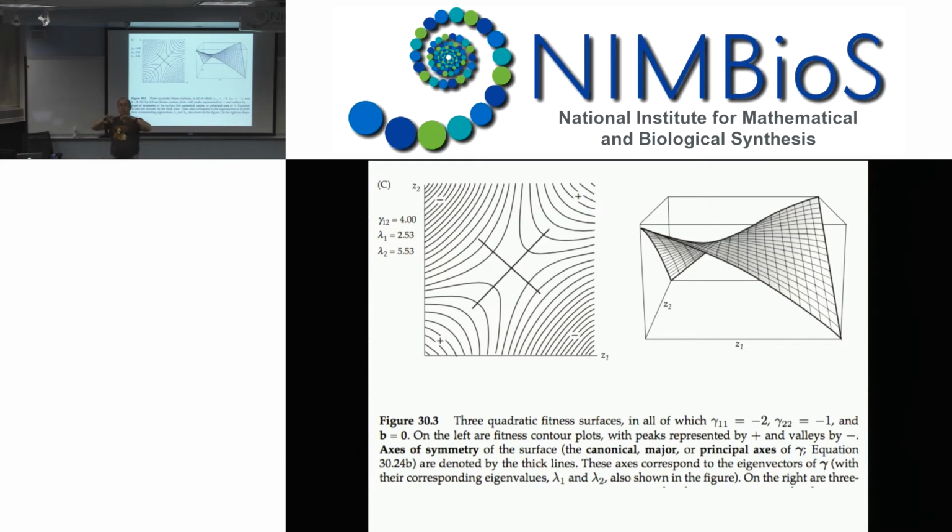The eigenvalues tell you the general curvature pattern, and then how that curvature pattern is rotated with respect to your characters. Imagine like one of those circular plates at dinner that you move things around on. You have a curved surface on that. That curved surface is defined by the two eigenvalues. And then how you rotate that platter to match up with your traits, that's where the eigenvectors come in, and that's where you either have correlational selection or not.